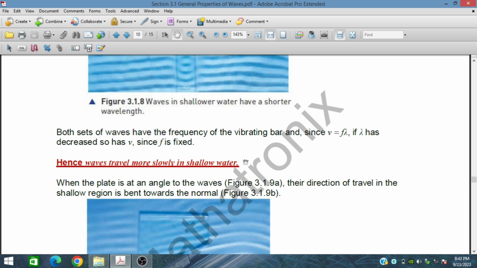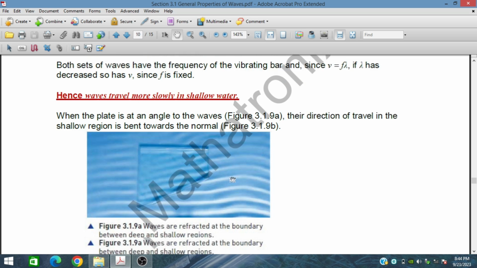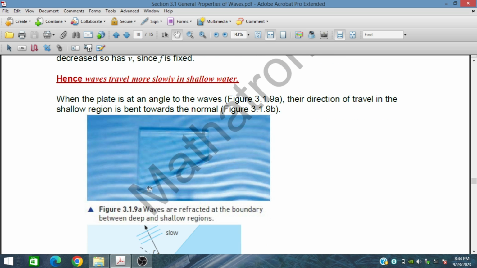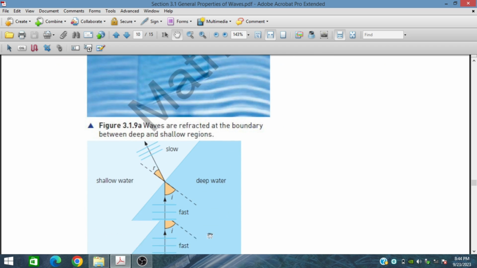When the plate is at an angle to the waves, the direction of travel in the shallow region is bent toward the normal. Here we have deep water and the angle of incidence is this. This is the normal line, and in the shallow water the wave bends toward the normal.